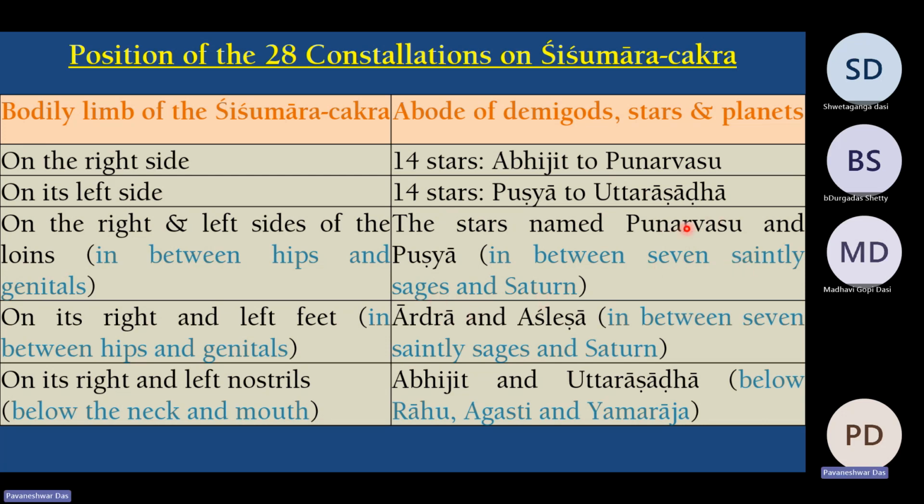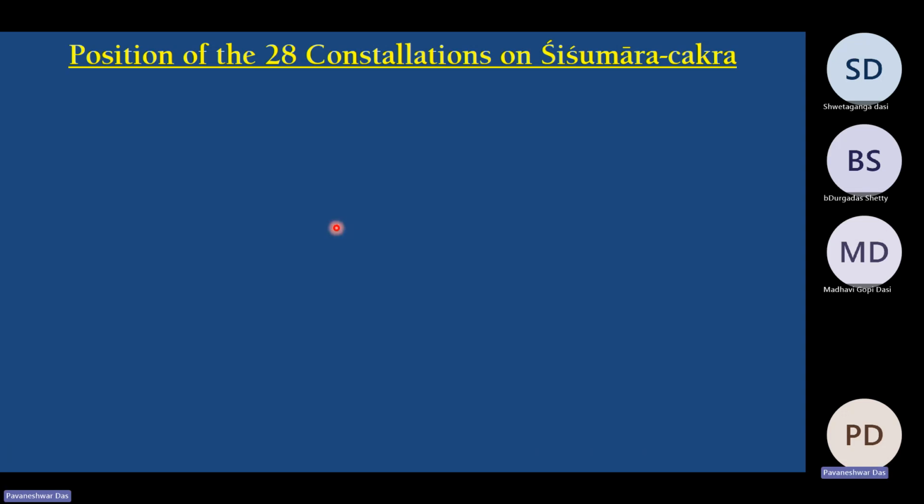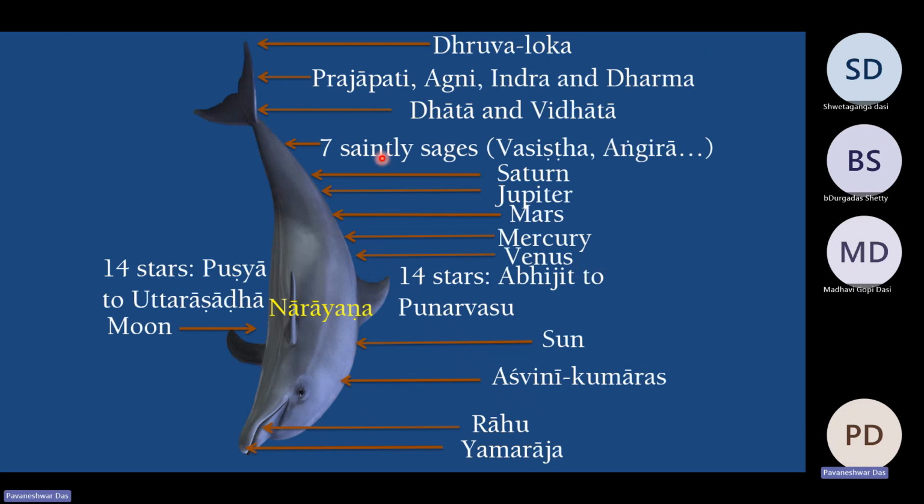So kindly see, Punarvasu and Pushya are located between the Saptarishis and Saturn. Saptarishis are here, Saturn is here. So Punarvasu and Pushya are somewhere here at this point. Though I showed 14 stars, Pushya to Uttarashadha, Abhijit to Punarvasu, we may think like this, that the stars may be here. But of these 14, 2 stars are here.